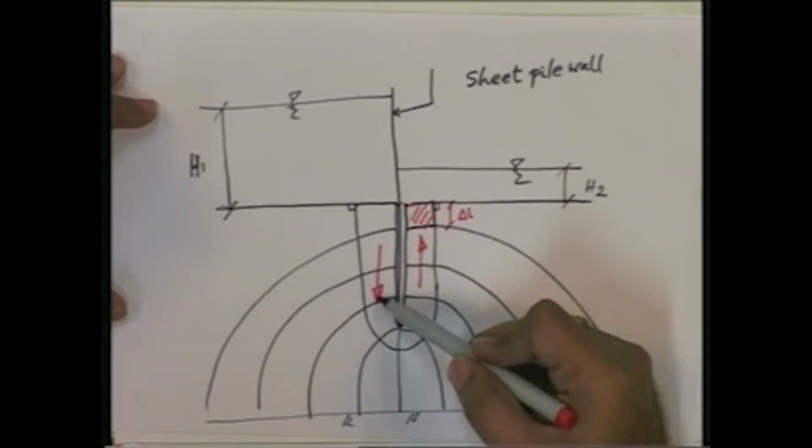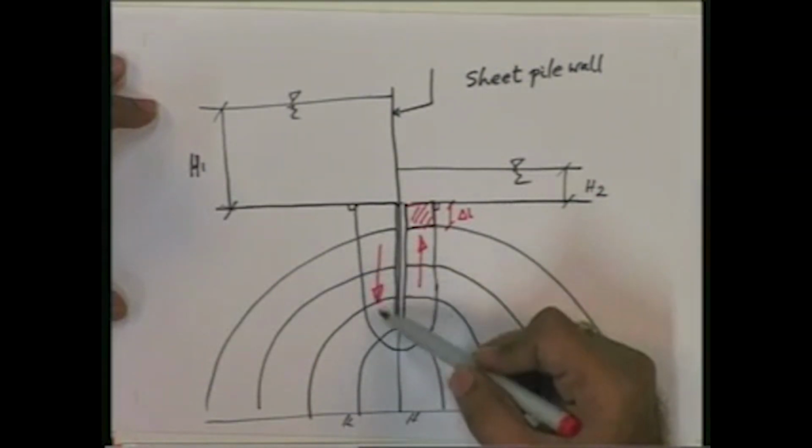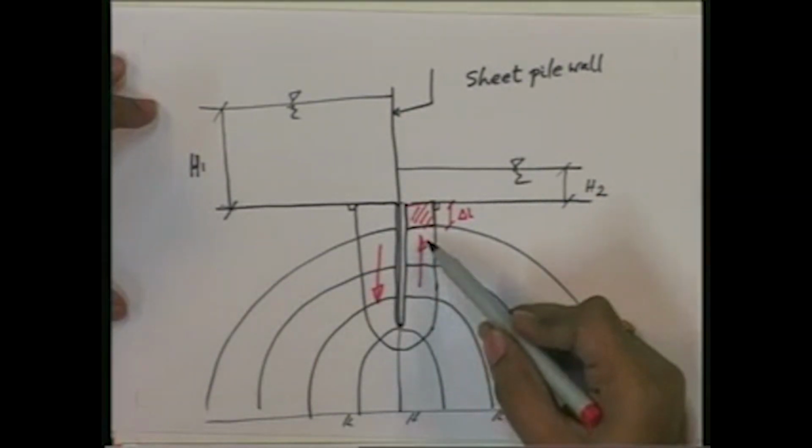Here is a downward flow. As discussed, the effective stress increases here, and here the effective stress decreases.